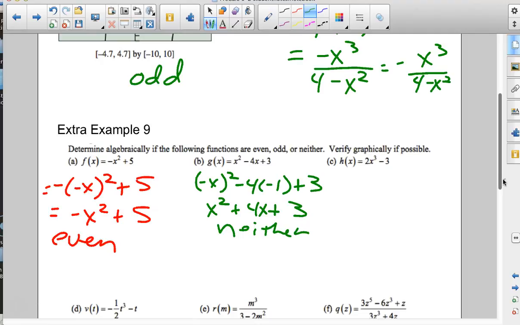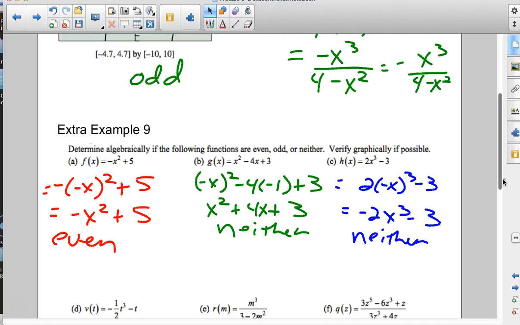It's not exactly the opposite of everything, and it's not exactly what we started with. Which is it, everybody? Is that odd or is that neither? In order for it to be odd, everything would have to be the opposite, because this is not a fraction. With fractions, it's pulling that negative out in front, but with this, it would have to be the whole thing. So that one's neither. And that's a good place to stop.